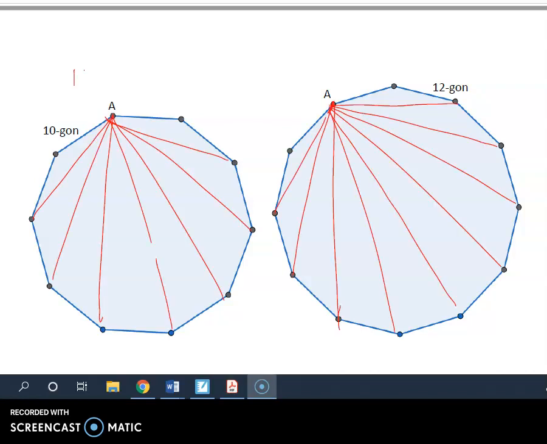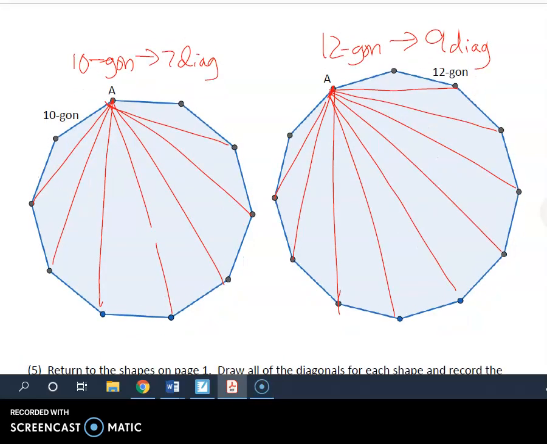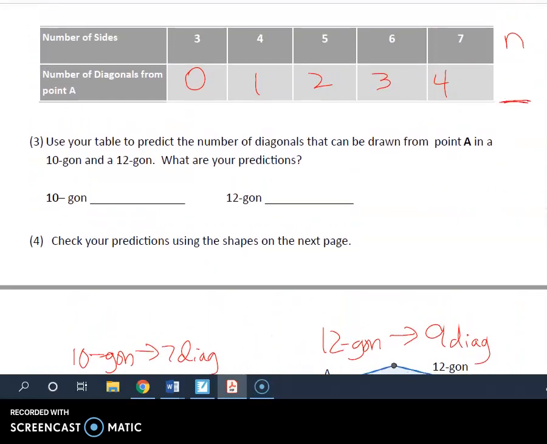So for a decagon, hopefully you found there were 7 diagonals. And for a dodecagon, hopefully you found that there were 9 diagonals. So what's the pattern that's being duplicated over and over again?